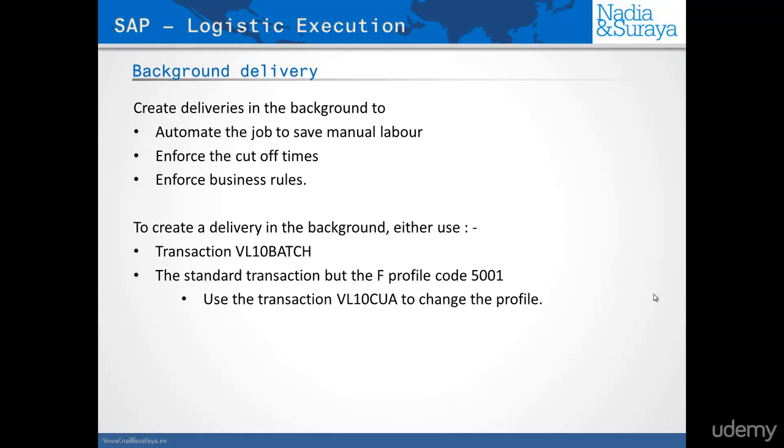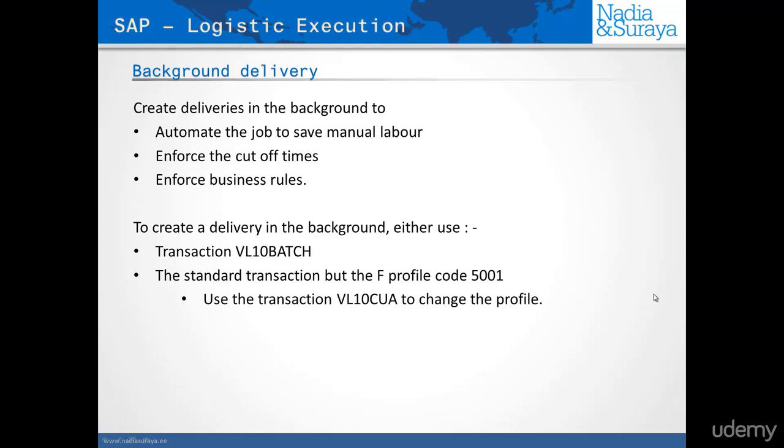The second reason is that you can use it to reinforce cutoff times. If you say that you're going to run the delivery creation at 4 o'clock, then the batch job runs at 4. That means if you create your sales orders after 4, it's not going to create a delivery.